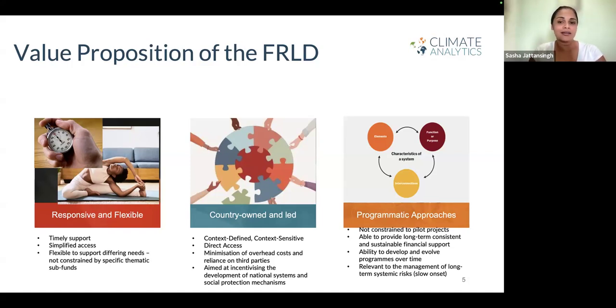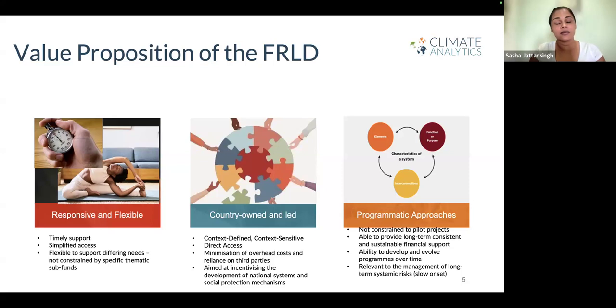And in terms of why this loss and damage fund is important and different from the other mechanisms, it's because we need a fund that's responsive and flexible. So we need timely support. If a hurricane hits, we cannot be waiting 2 years, trying to apply and developing a proposal, waiting for feedback and so on. The impact is happening now, and we have to deal with how we rebuild, how we recover and help our communities and countries.